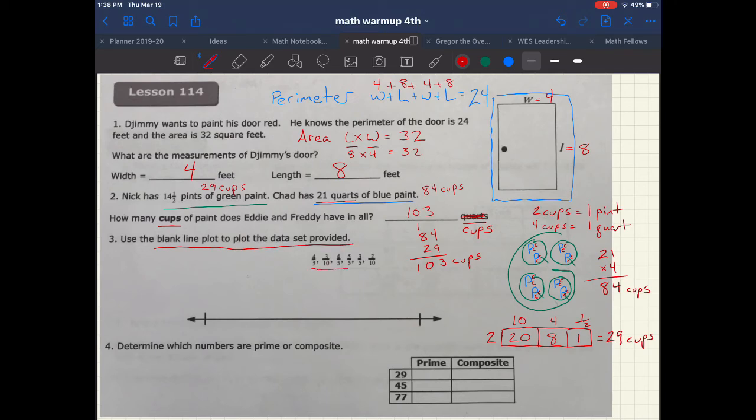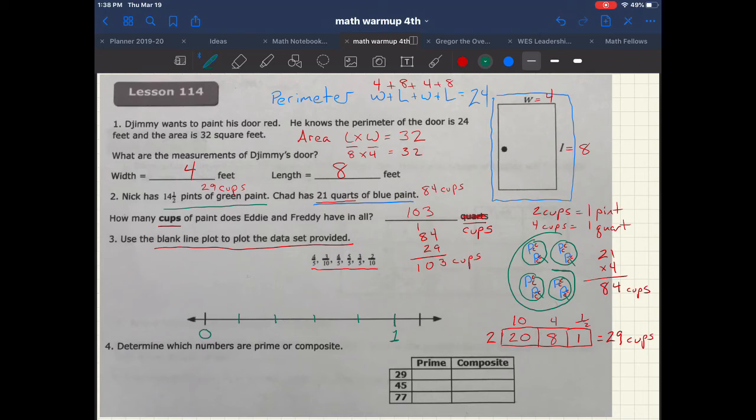Moving on to number 3, they give us a blank line plot to plot the data set provided, and we've got fifths and tenths. So first we have to put some fifths and tenths on this number line. Let's start with 0, and let's do fifths. Fifths means that there's going to be 1, 2, 3, 4, 5 spaces to get to 1.